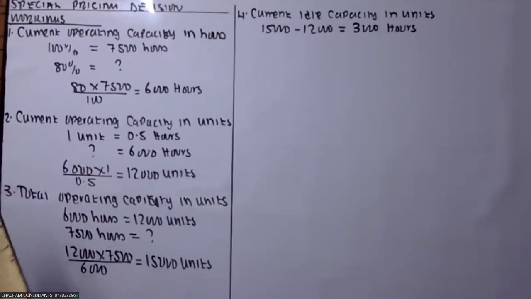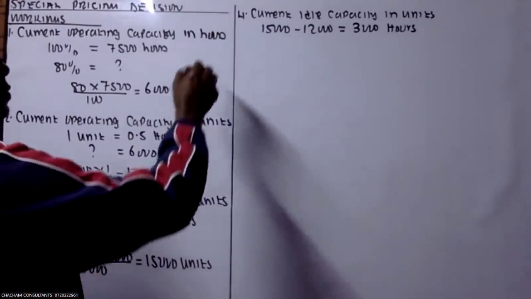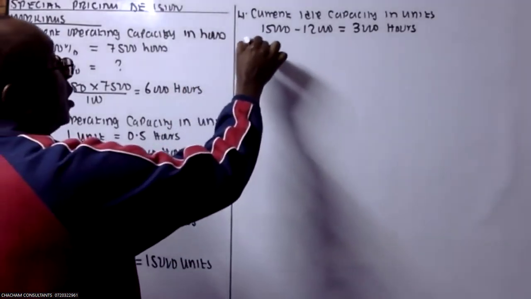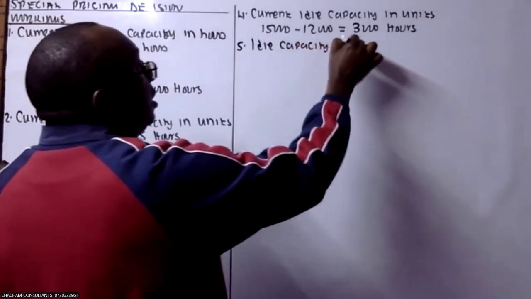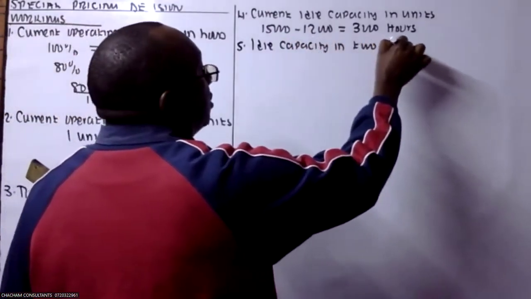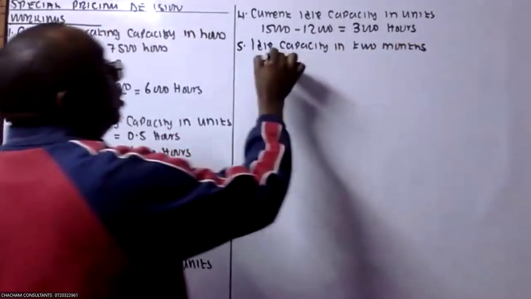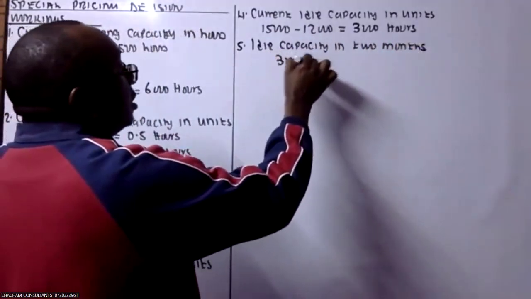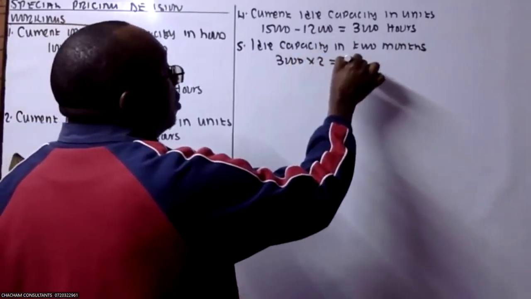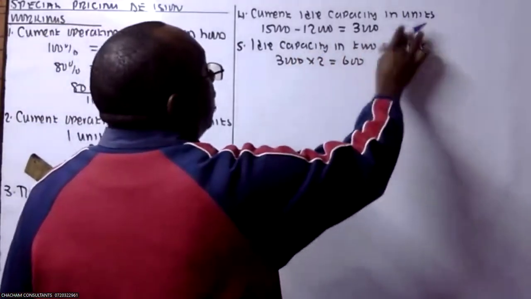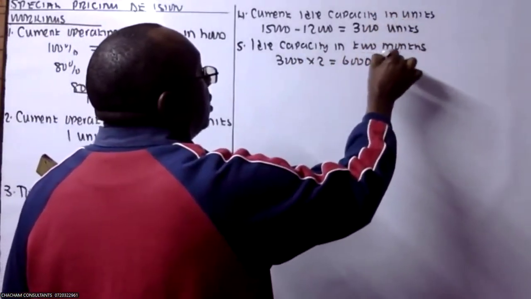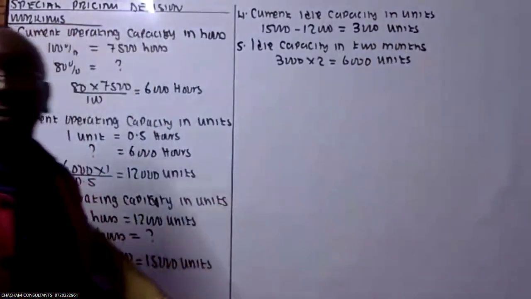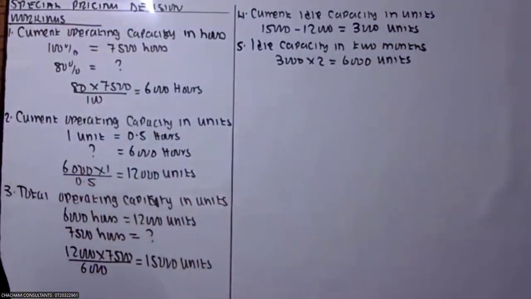So idle capacity in 2 months will be 3,000 times 2. This is not hours, these are units. So it will be 6,000 units.